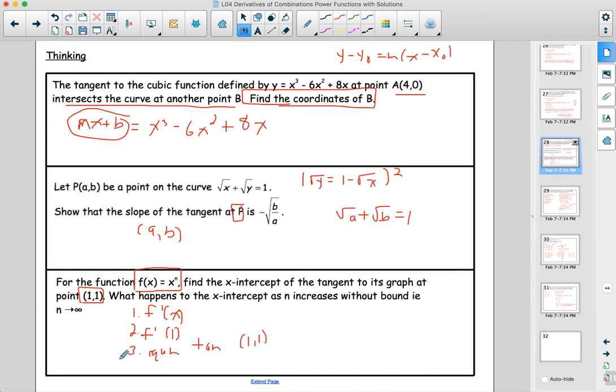Then after you do that, we want the x-intercept of that equation. And after we found the x-intercept of that equation, then the last thing we're going to do is the limit as n goes to infinity of the x-intercept, and we're going to see what's going to happen. So those are the 5 steps you're going to need to solve this particular problem.